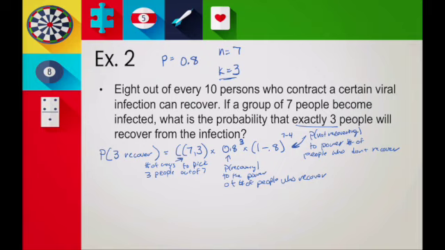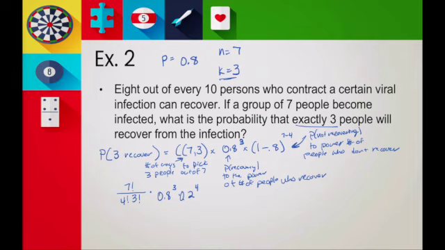So combination of 7 choose 3. We know our combination formula is 7 factorial over 4 factorial, 3 factorial. We're going to multiply that by 0.8 to the third for 3 people who recover. And then we're going to multiply that by 0.2 to the fourth for the 4 people who don't.